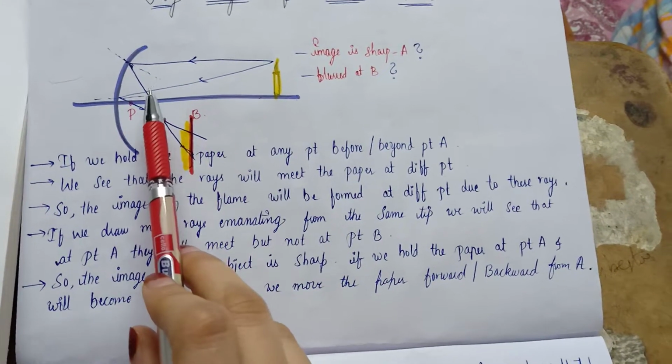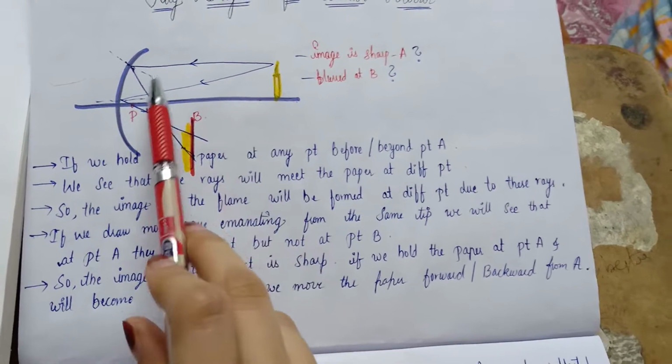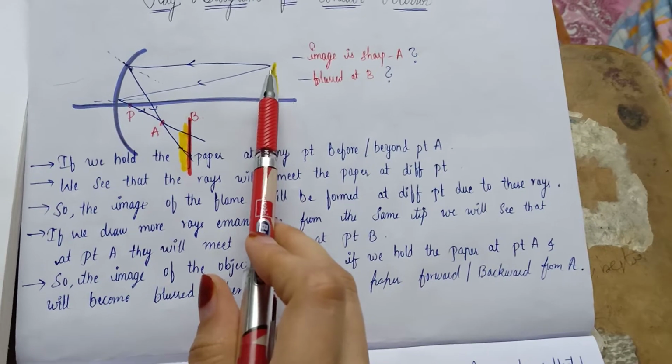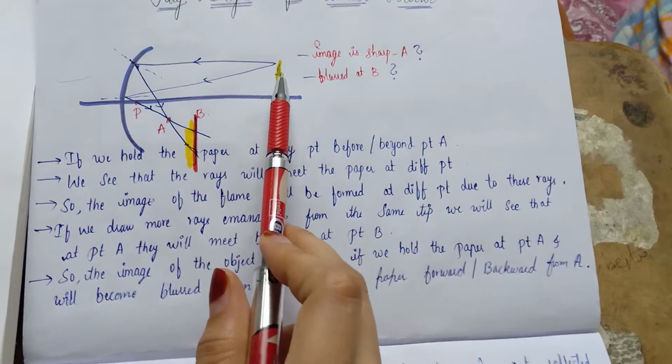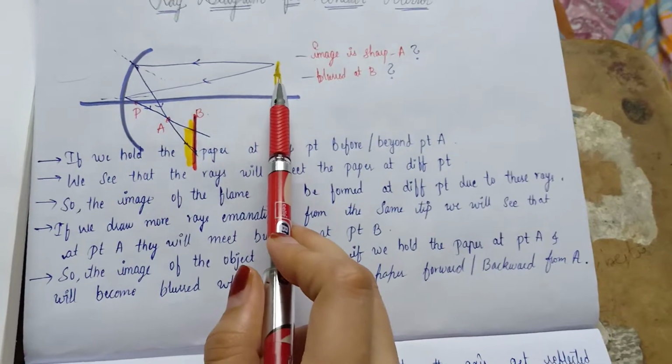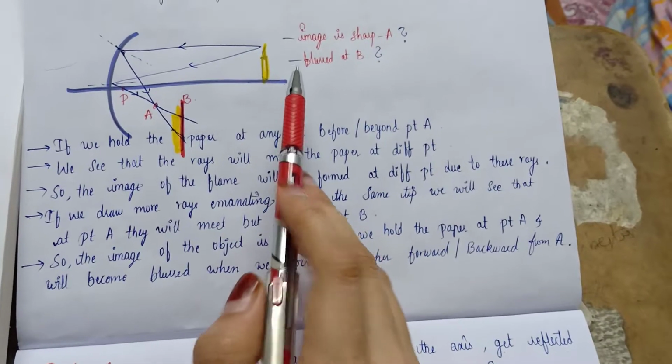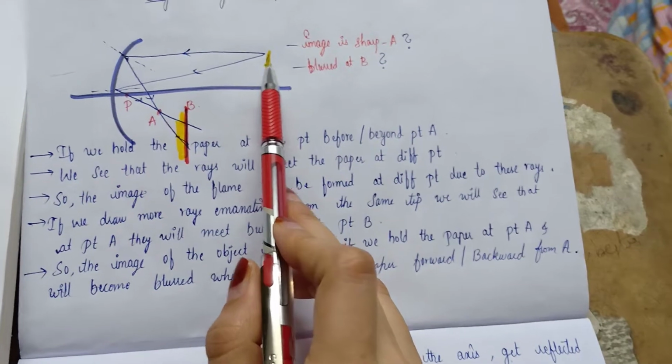The diagram shows two rays coming from the tip of the flame. The object is the candle flame, and the object is emitting light rays.